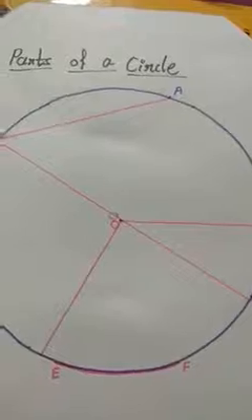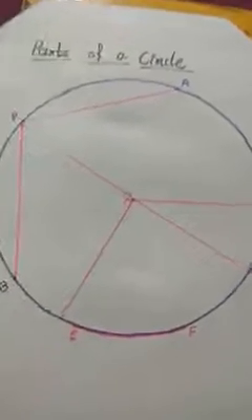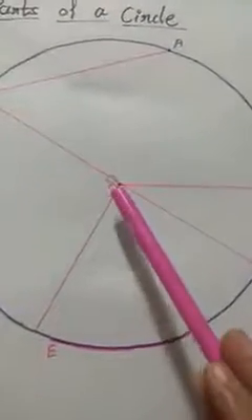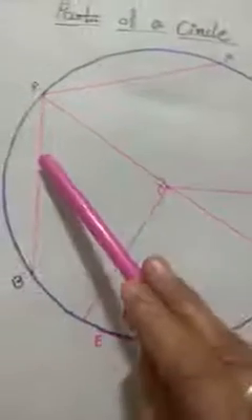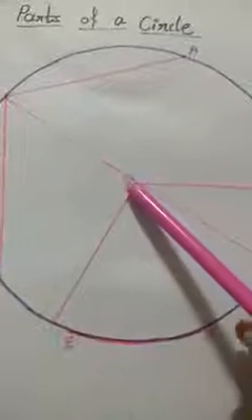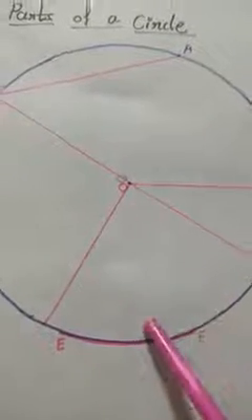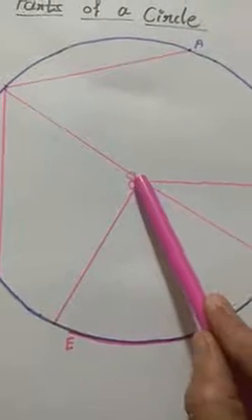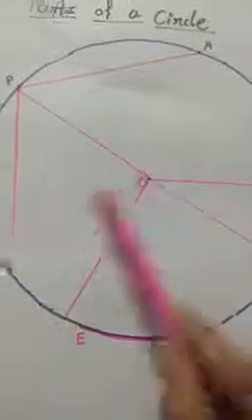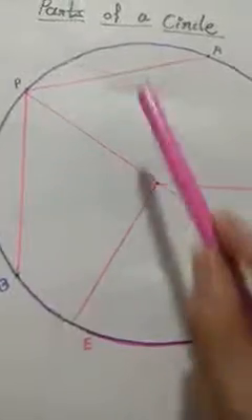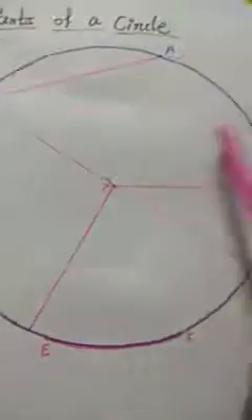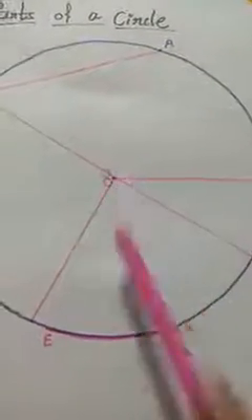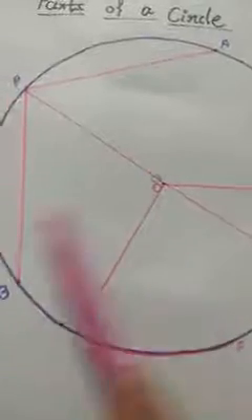A circle is a fixed path along a fixed point, equidistant from a fixed point. So whenever you draw any radius from the center of the circle, the radii are equidistant. All are the same distance. Okay, all radii are said to be equidistant.